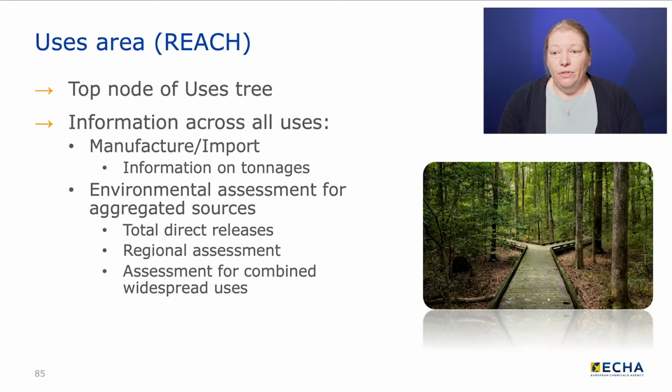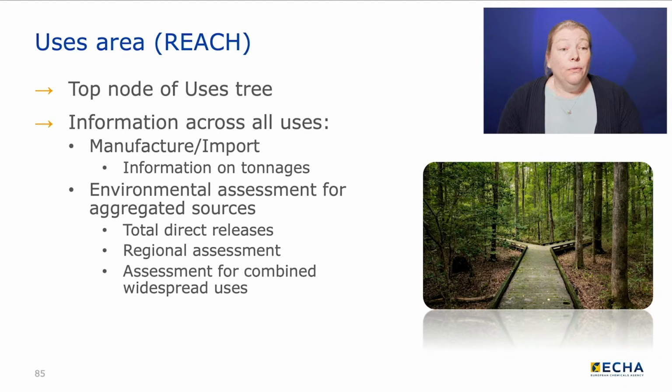As a last step of the exposure assessment and risk characterization, I would like to explain to you about the so-called uses area, which can be accessed at the top of the uses tree. This node contains information relevant across all uses, and actually it's only relevant for REACH.